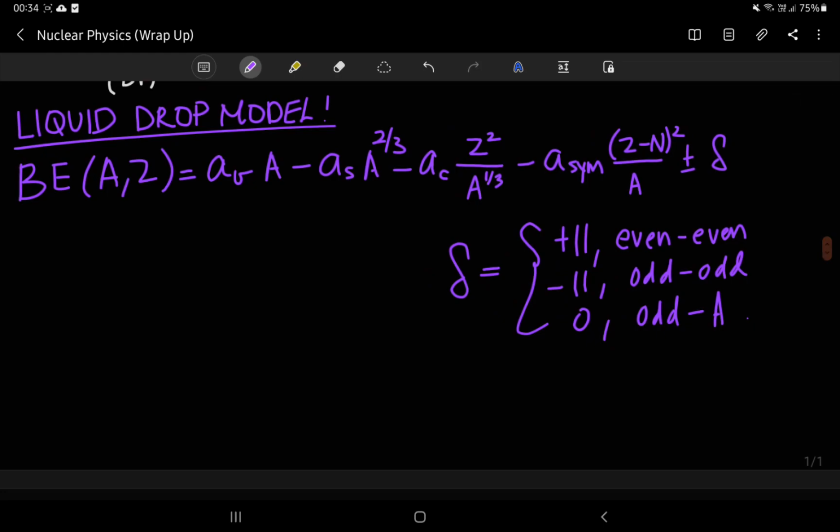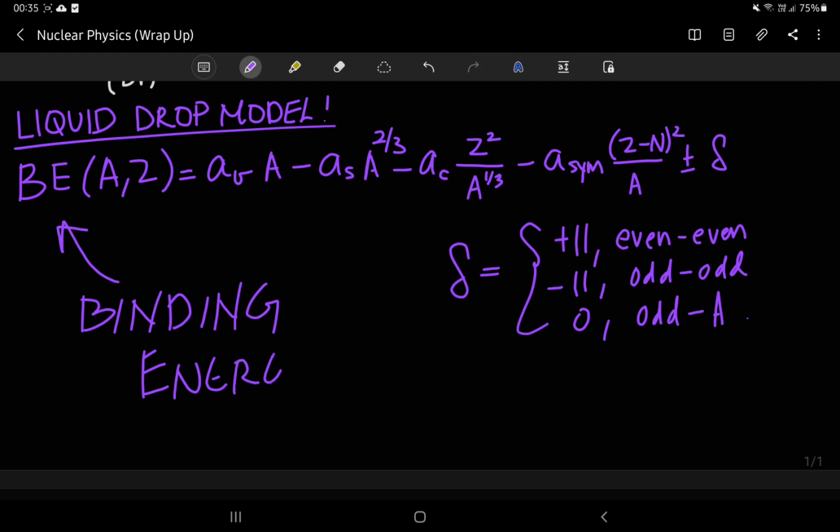So this is actually to find the binding energy of the nuclei.